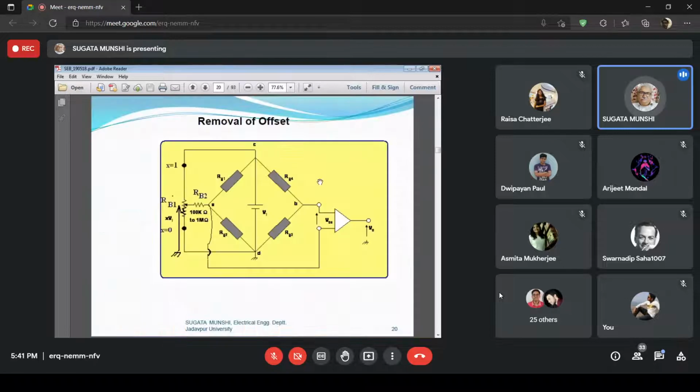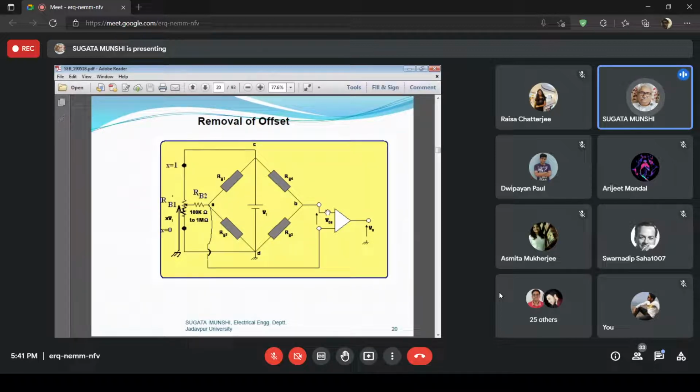We want that under such a condition, the output voltage will be zero. So with that intention, we have introduced this network. When the mechanical strain is zero, the wiper of this potentiometer RB1 is varied. So the potential of this point with respect to ground is either increased or decreased depending on the requirement.